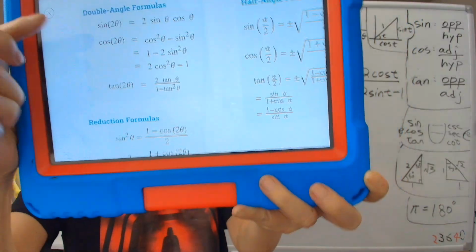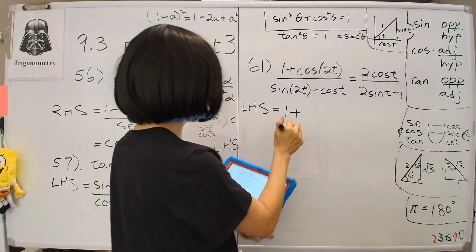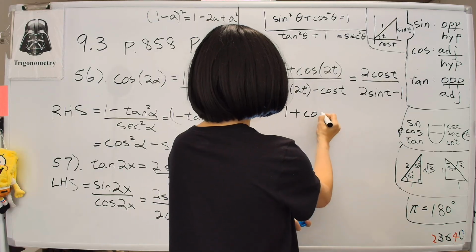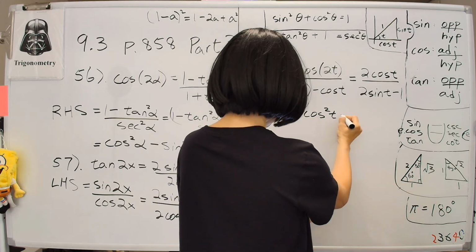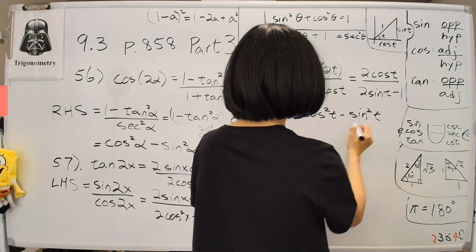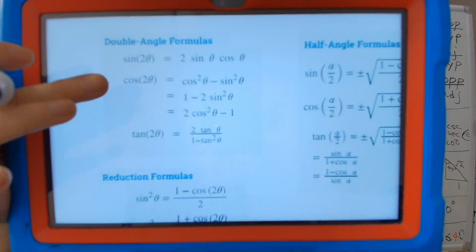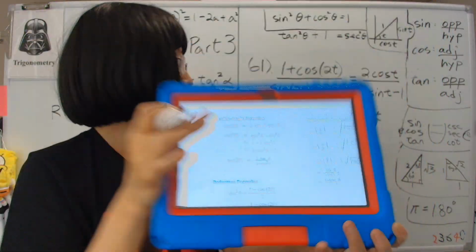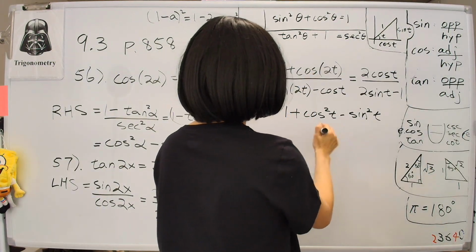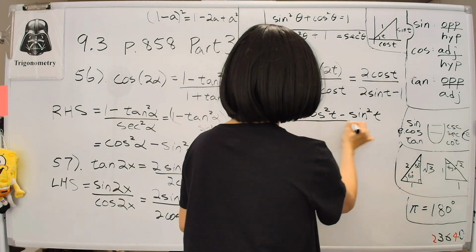Let's pick the first one, no reason. Let's just pick something and stick with it. So 1 plus cosine 2t is equal to 1 plus cosine squared t minus sine squared t. I'm following this formula: cosine 2t is cosine squared t minus sine squared t. We'll leave that for now.